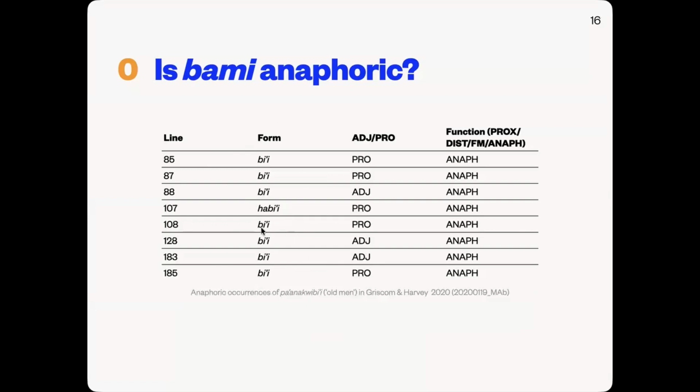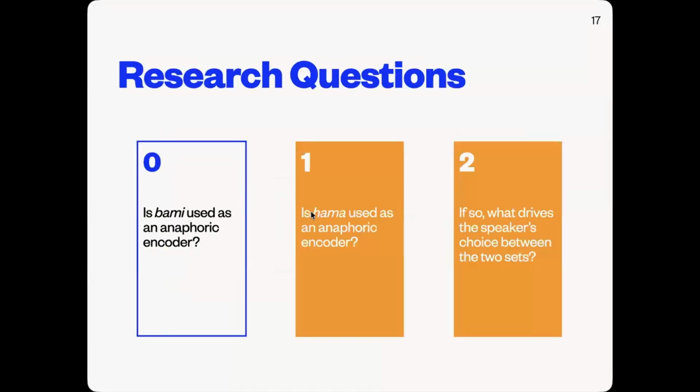There is only one exception. This is hama, the masculine plural of hama. And I evaluated this as anaphoric, but I will talk about this later. Okay, we have established that bami is our dedicated set for anaphora, and we can move to question 1.